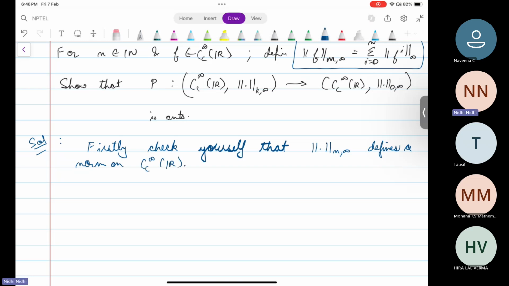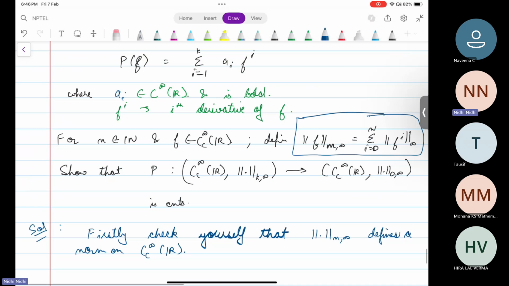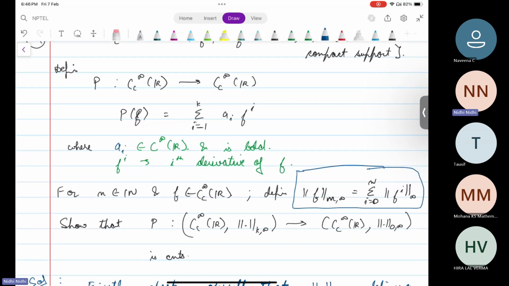So next we need to see whether this operator P is continuous or not. Now since clearly P is a linear transformation, if I could show that this is a bounded linear operator, we will directly get that it is a continuous function as well.